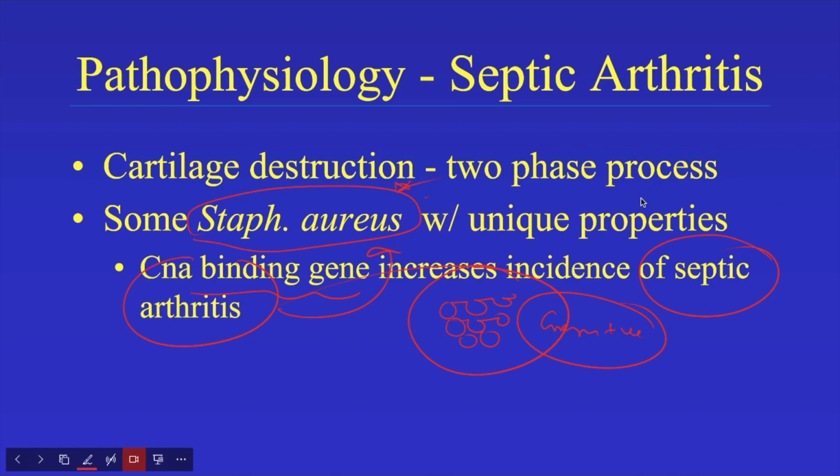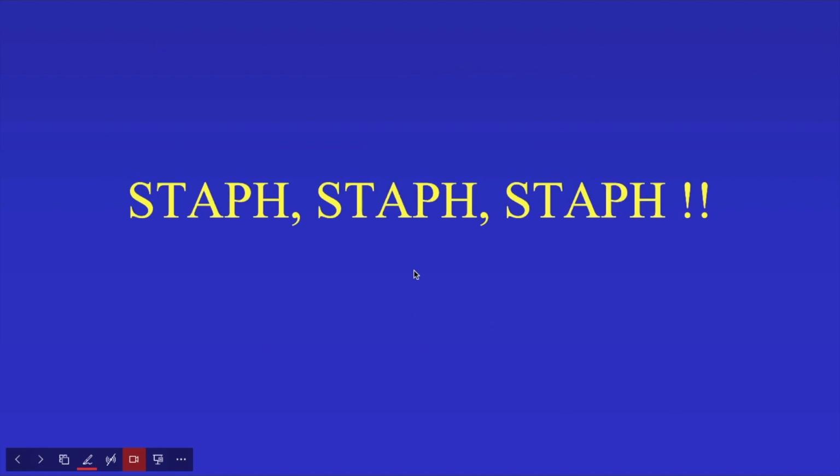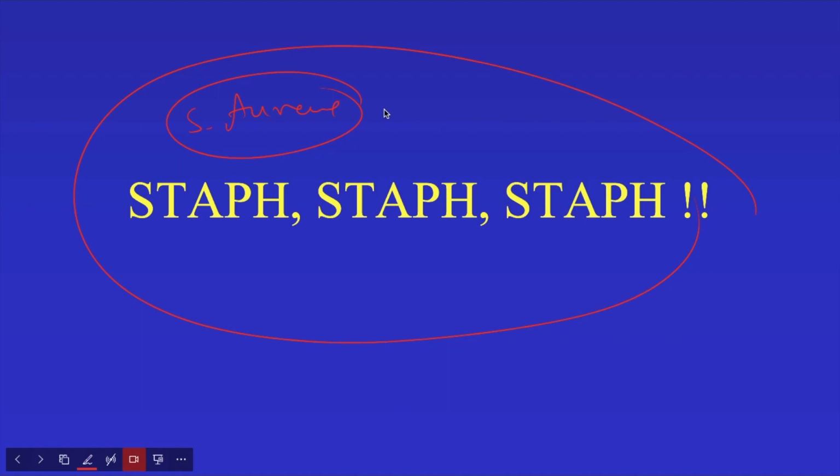Staph aureus is the most common cause of septic arthritis in any age, no matter what. As we said, in this slide it says Staph, so that means Staph aureus. It doesn't matter what age, because of immunization and other factors, all other organisms have taken a back seat.